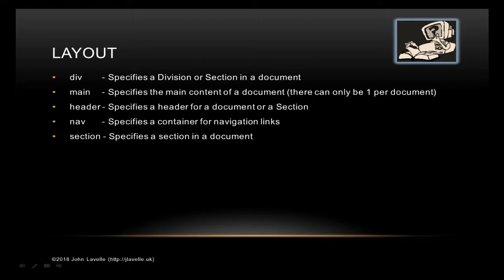Having said that, we actually do have articles, and this is the sort of thing, for example, on a forum. When somebody posts an article, then it would be surrounded by an article tag, that type of thing. News story, comment, this type of thing.